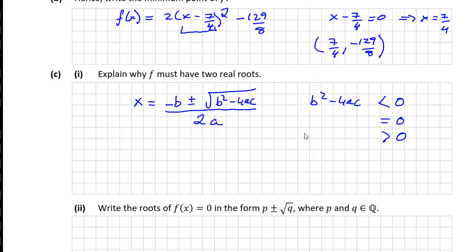So we have minus 7 squared minus 4 times a, which is 2, times c, which is minus 10. So we have 49 minus negative 80, which is equal to 49 plus 80, which is greater than 0. So f must have two real roots.